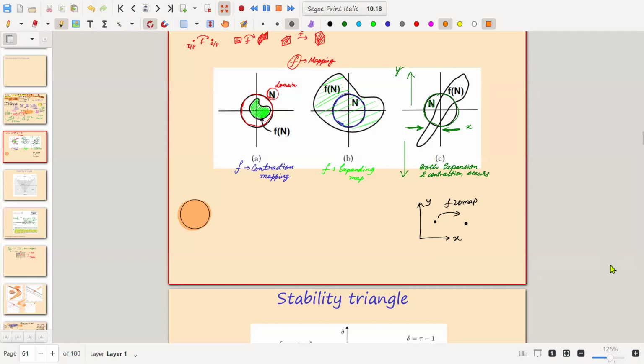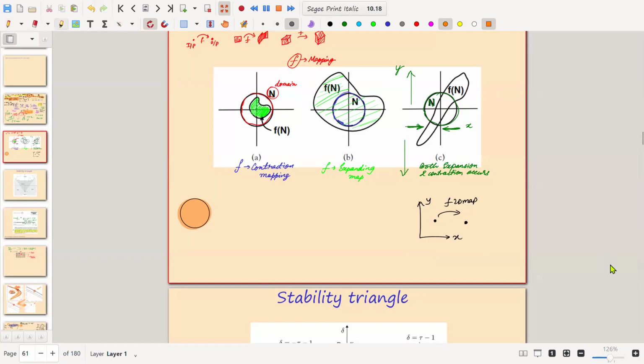So therefore, you can see that this orange region here is N, right? When you apply the map f to N, the 2D area, it became this green area, that is f of N. But what is interesting in this?